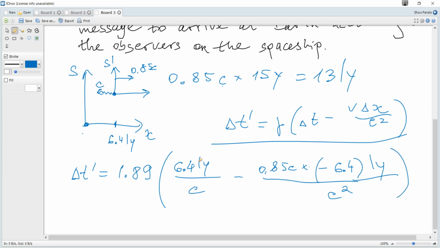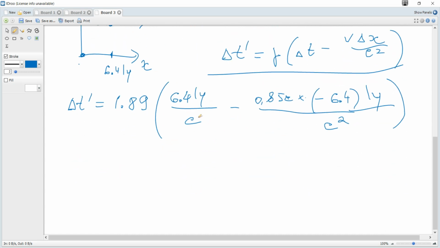And you remember that a light year is c multiplied by years, so we can divide by c, so we get time in years. Also one c cancels with another c here, so you get just 6.4 plus 0.85 times 6.4, in years.